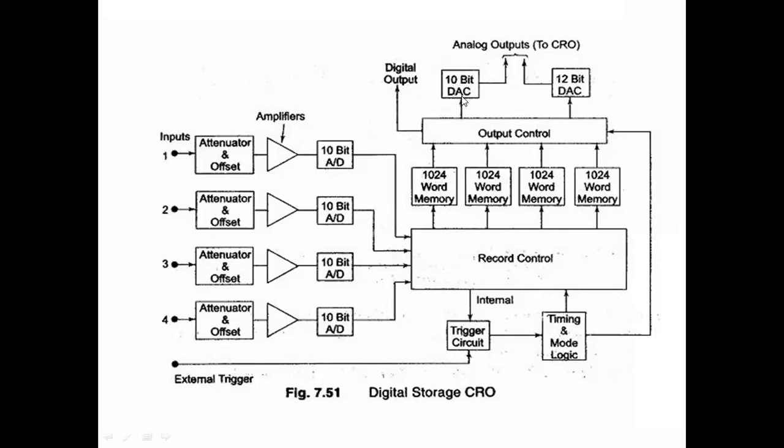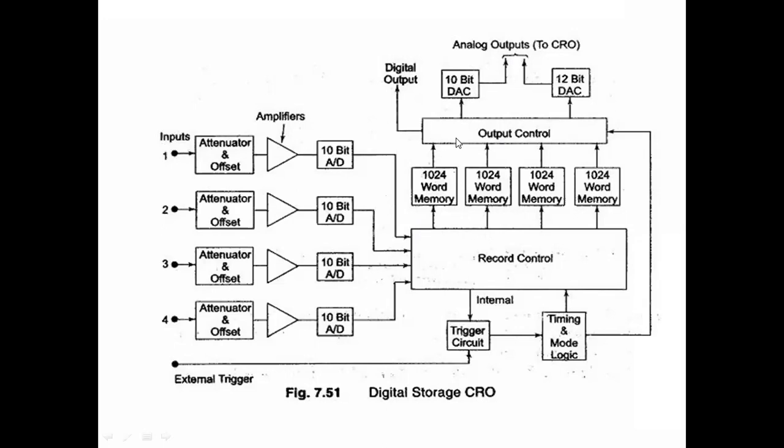These DA converters convert the digital form of the memory signals into analog form, and those are applied to the vertical and horizontal deflection plates of the CRO. So like this we can use the digital storage oscilloscope with a number of signals. Here we can use 4 signals at a time.